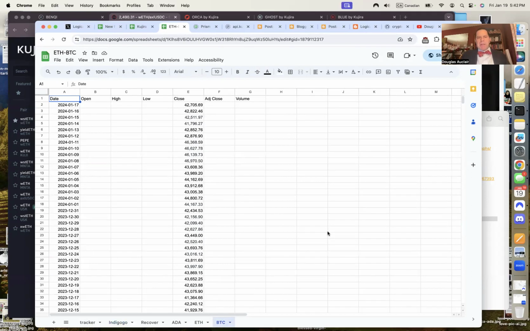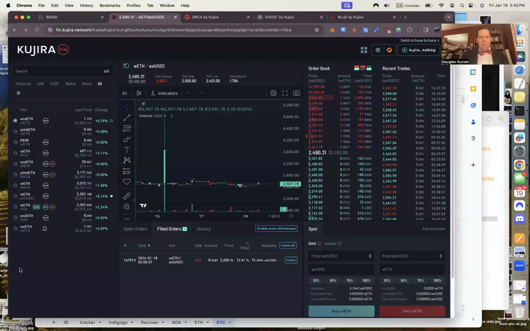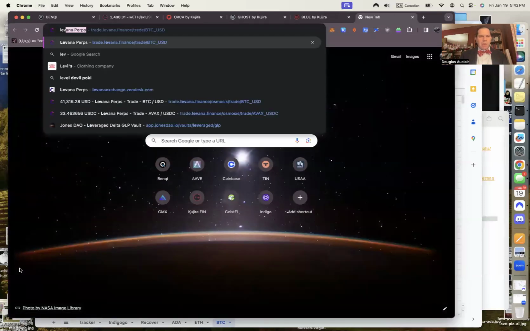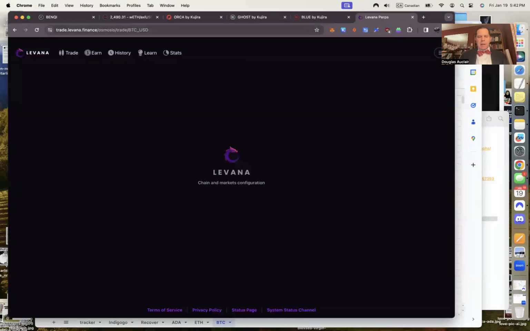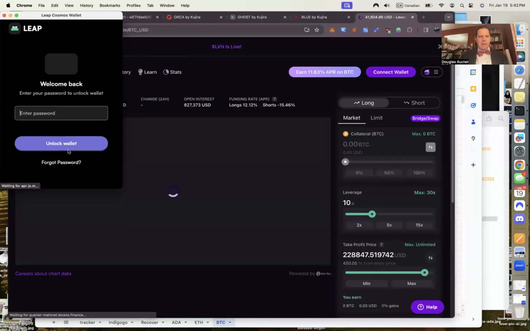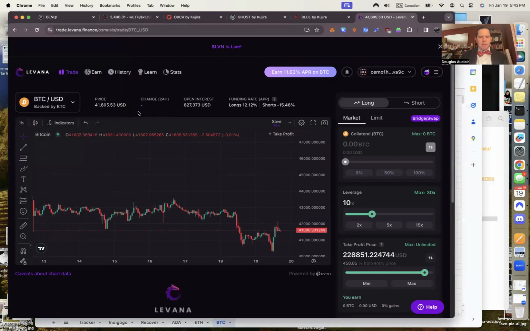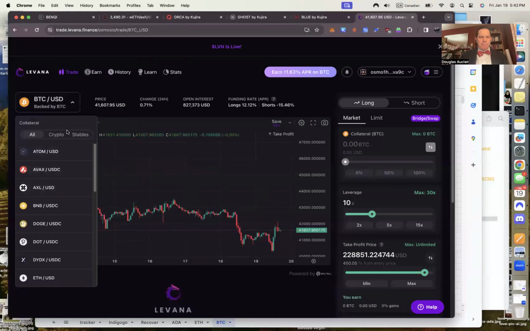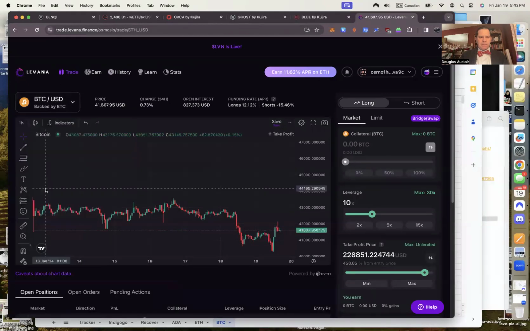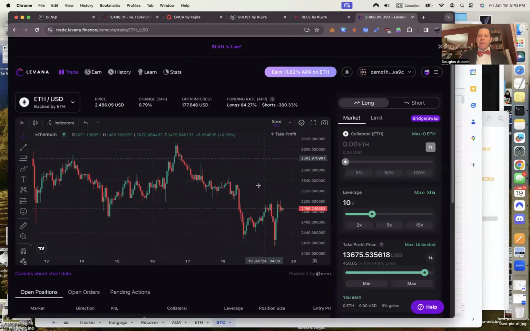Where do I get these prices? Well, if it's on the current day, I would go over to the Levana protocol, and they have up to the minute prices on Bitcoin and Ethereum. And so I get the most recent price from there.